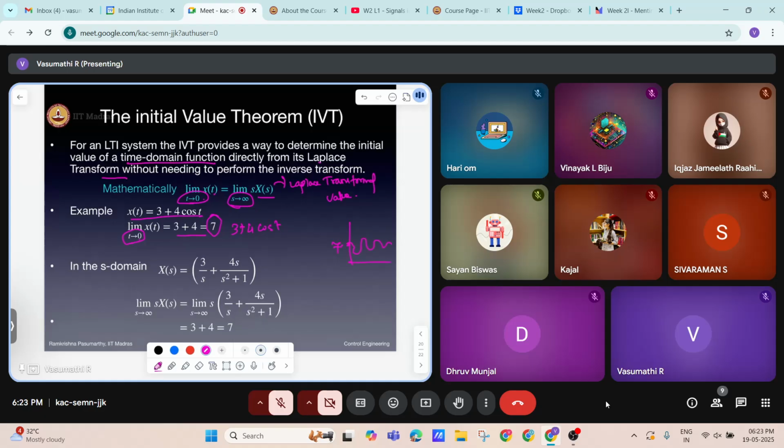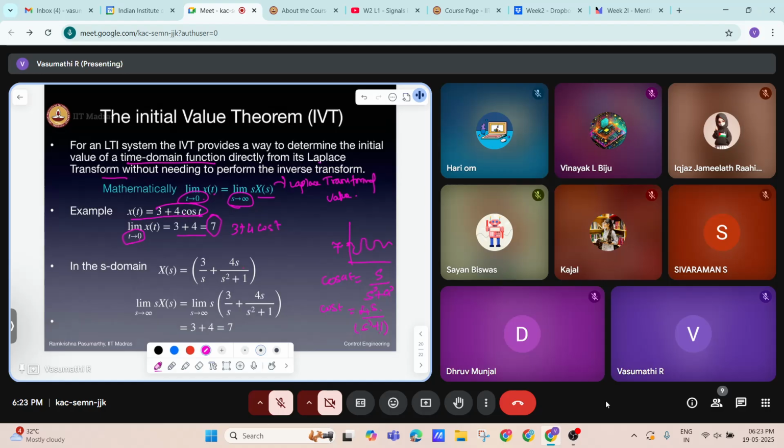And in the s domain, how we can easily do that is, if you know the signal, you know that for cos at, it will be s by s square plus a square. Here, cos 1t will be s by s square plus 1. Since it is 4 cos t, it's 4s by s square plus 1.